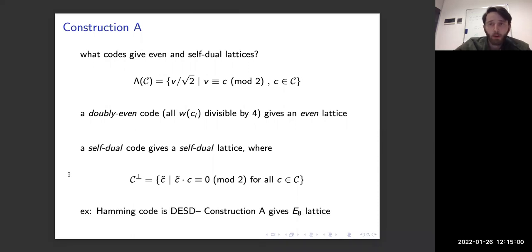And the classic example of Construction A is the Hamming code that we showed you before, which gives the E8 lattice under Construction A, the root lattice of E8. And actually, the Hamming code is the unique doubly even self-dual code of length 8, and the E8 lattice is the unique even self-dual lattice in 8 dimensions.